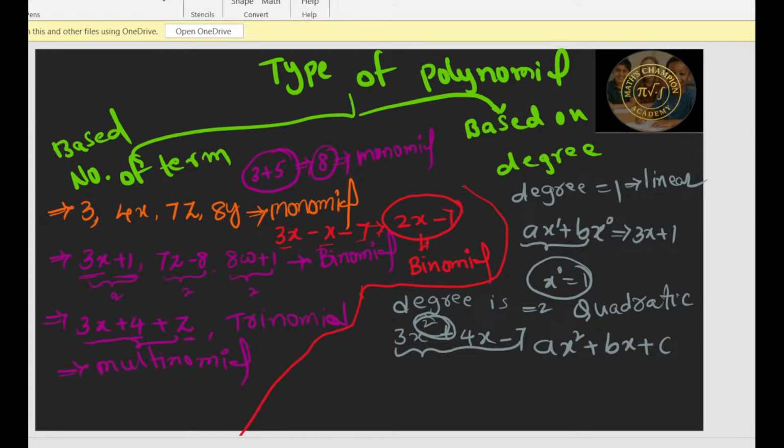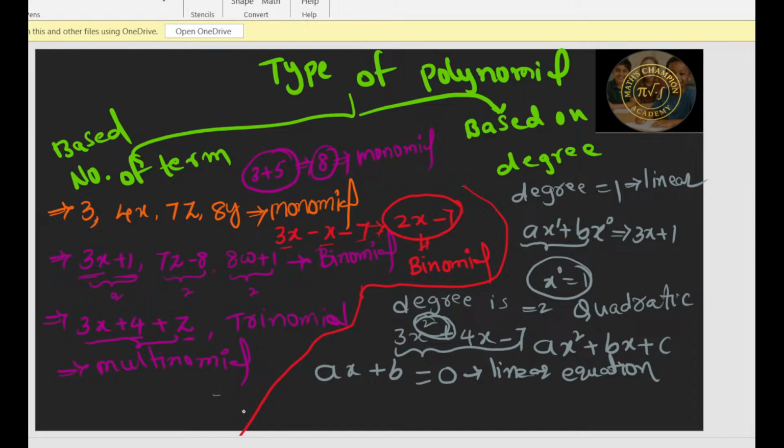If any algebraic expression, for example ax plus b, is an algebraic expression, when can we say it is an equation? You have to make it equal to 0. Then we call it a linear equation.